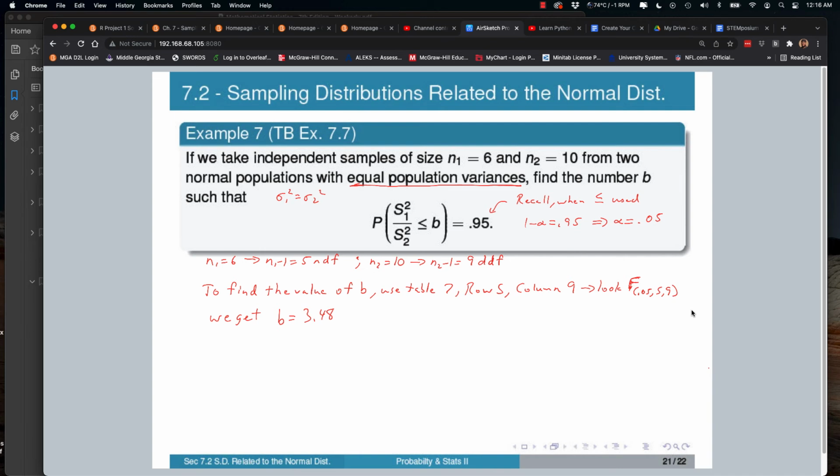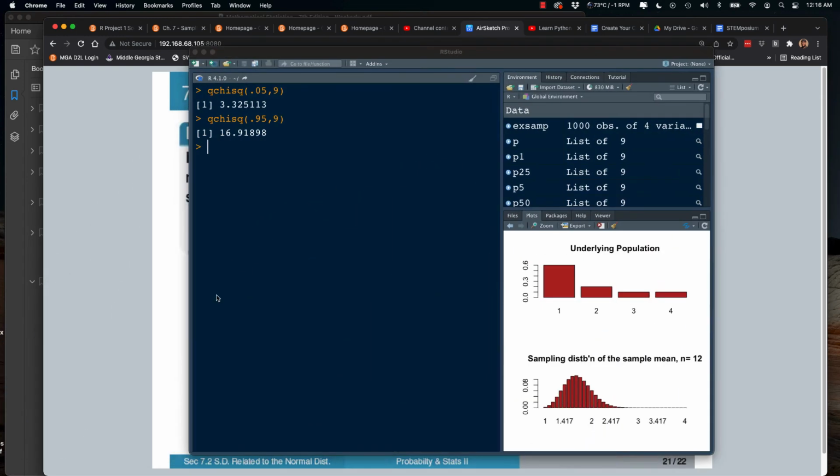I would prefer to use R if it were me. So using R, we've got the QF function that we're going to use, and we don't have to worry about putting 0.05, because we can do less than or equal to this value is 0.95, so we can actually put that in, and then 5 comma 9, and that should give us the same thing, but let's double check ourselves real fast.